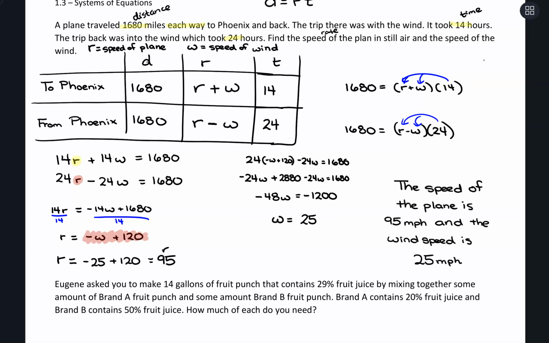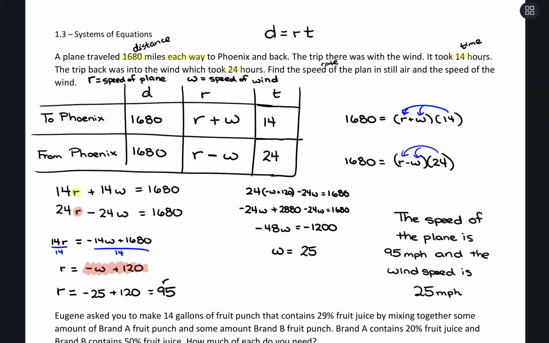And there we go. So we can use those distance, rate, time formulas. I find the table really helps me organize my thoughts and get away from the big chunk of text that we have. And then from there, we can find our system of equations to solve.